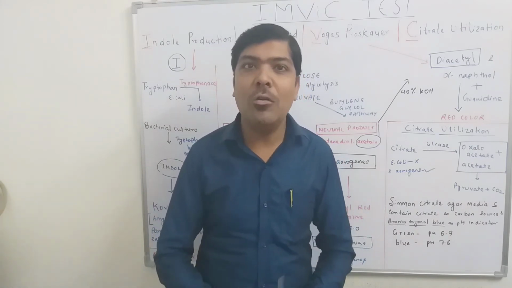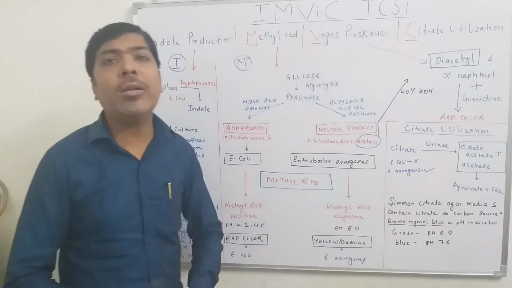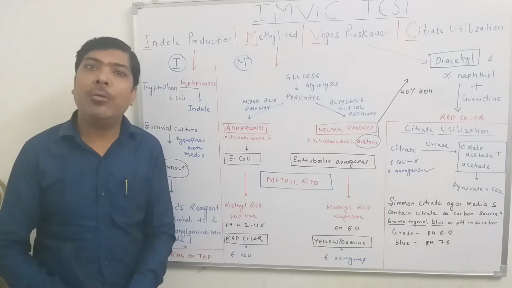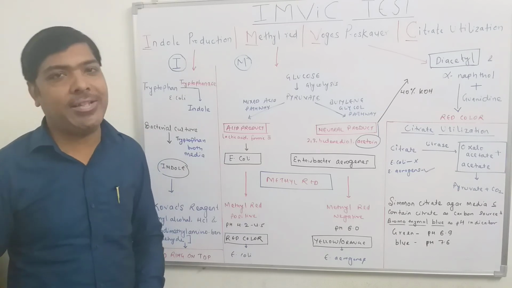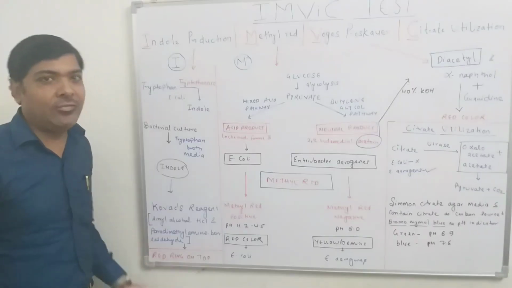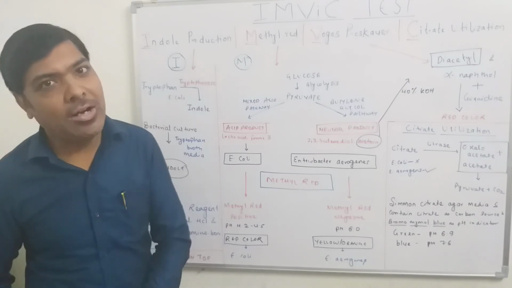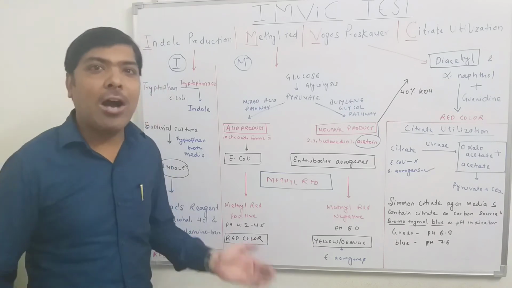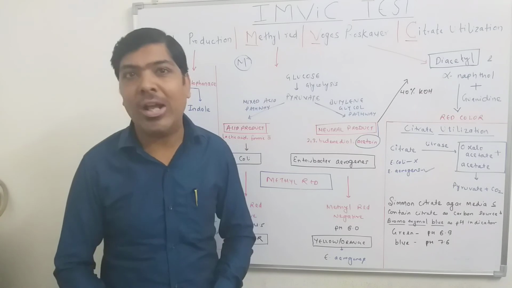So these are the four tests routinely performed in the laboratory for the identification and differentiation of bacteria belonging to Enterobacteriaceae, especially Escherichia coli, that is E. coli, and Enterobacter aerogenes. When we perform the indole test, if the red ring is observed, we can say that E. coli is available in our sample. In the methyl red test, if the red color is observed after the addition of the methyl red dye, again we can say E. coli is available.